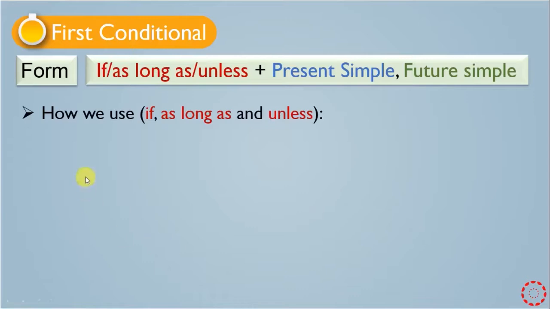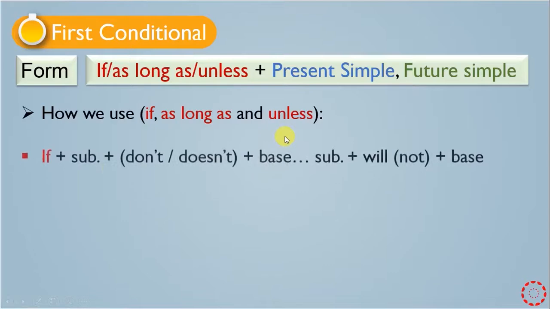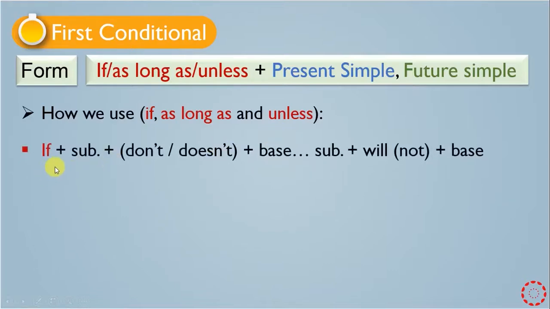Now let's know how we use if, as long as, and unless. This is the structure for this phrase or expression. For if, the first sentence, the present simple tense, can be like that. We have subject at the beginning, and then we may have the negative, don't or doesn't, depending on the subject, and then we have base.